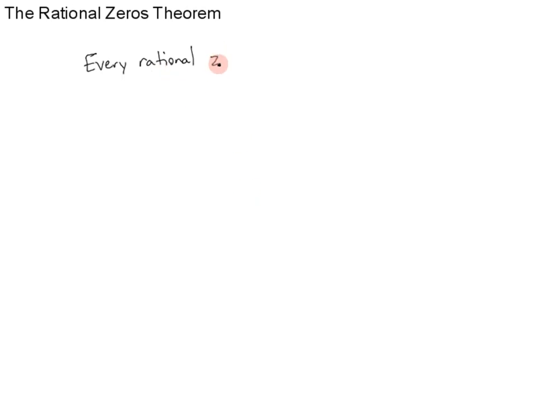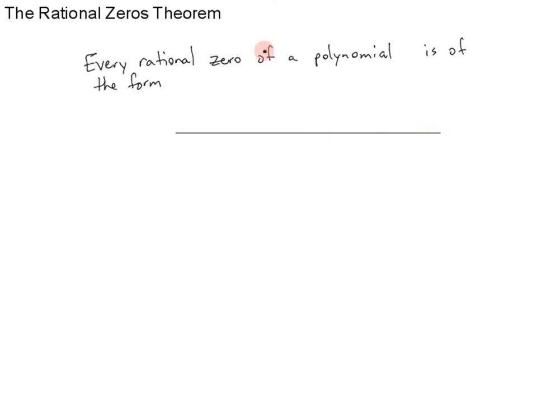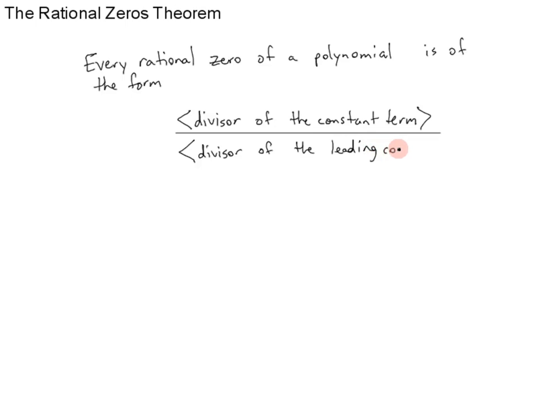Okay, so every rational zero of a polynomial is going to be a fraction, of the form: the numerator is a divisor of the constant term in the polynomial, and the denominator is a divisor of the leading coefficient in the polynomial.